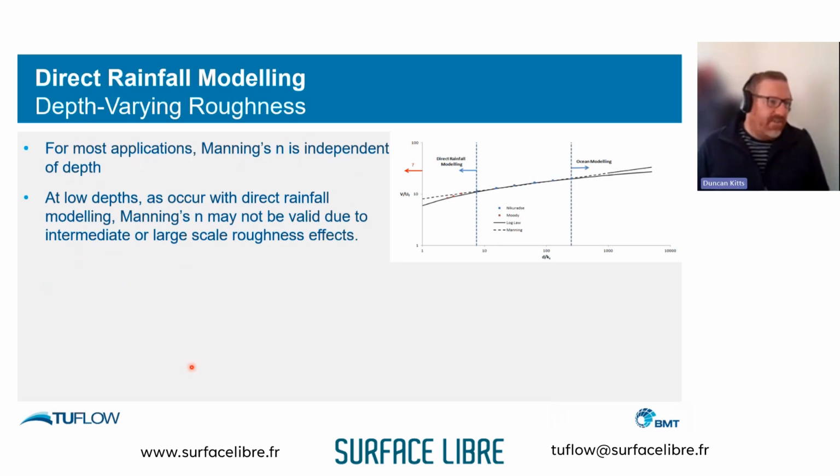I mentioned depth varying roughness. For most applications that we look at, Manning's N is independent of depth. That's what's been shown in this area of this plot here. When we look at ocean modeling, Manning's N isn't necessarily independent of depth. And when we're looking at very, very small flow depths, Manning's N isn't independent of depth either.